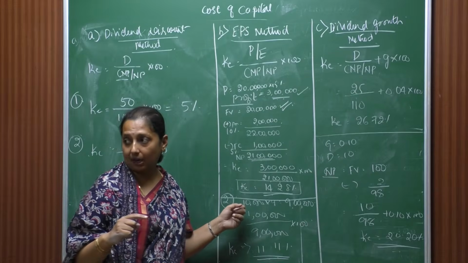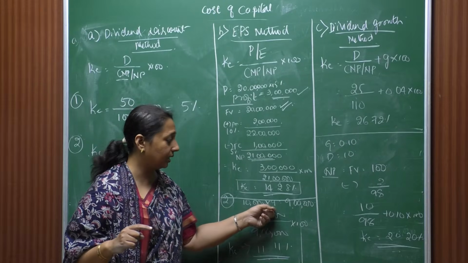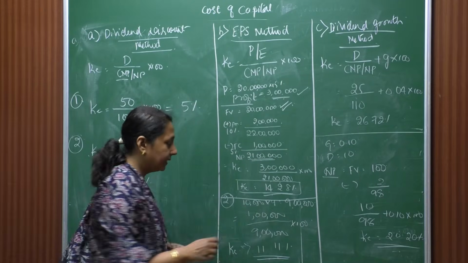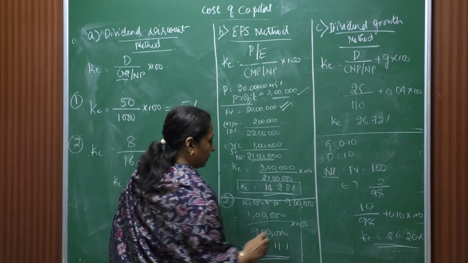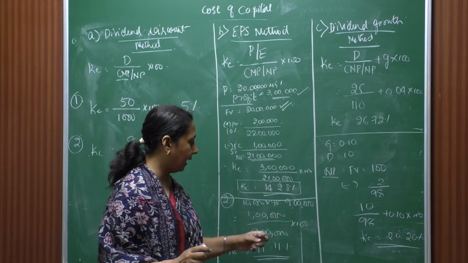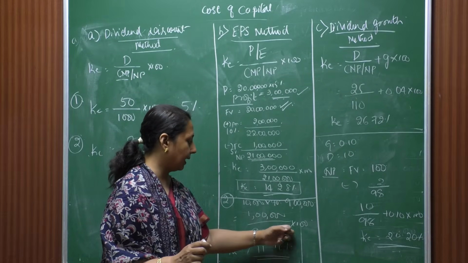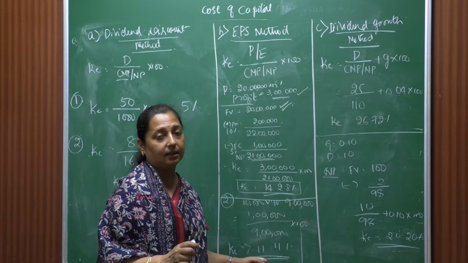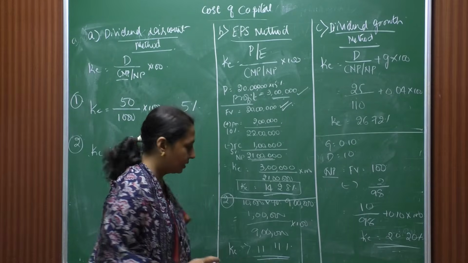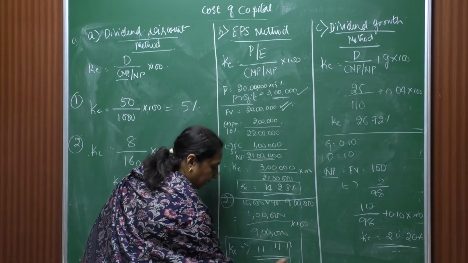So, cost of equity. 10,000 into 90 rupees, it will give you 90 lakh. So, 1 lakh divided by 90 lakh into 100, that gives you 11%, that is your cost of equity.